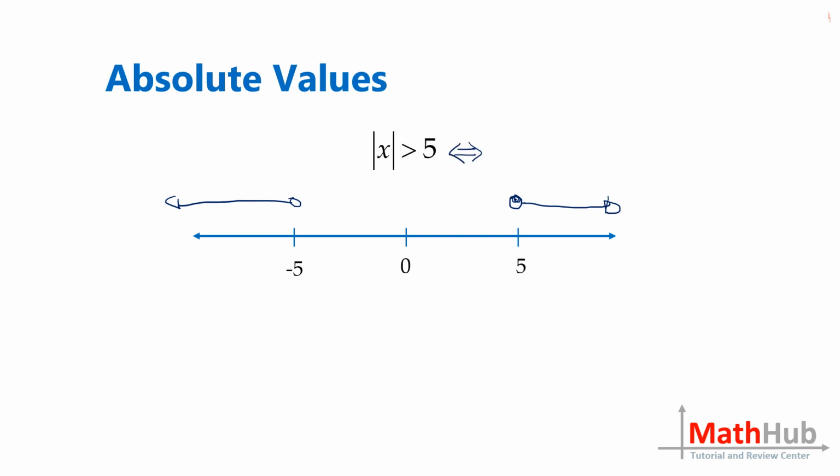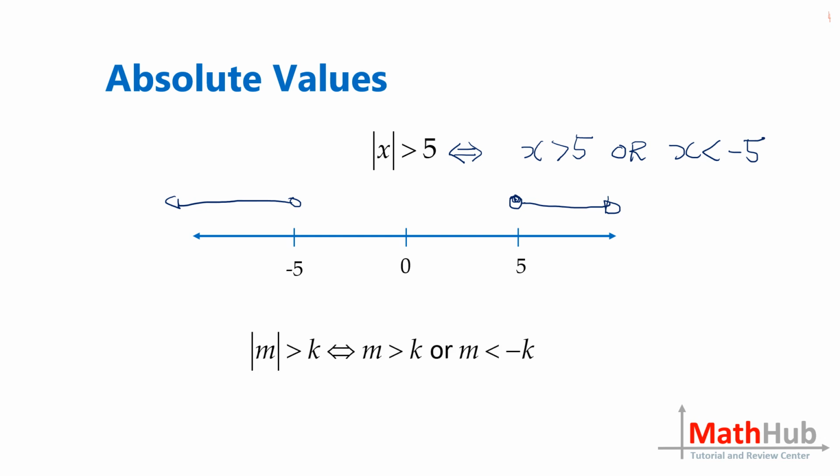So let me just write it here. If we want to remove the absolute value sign, this becomes x is greater than 5, or x is less than -5. In general, if we have an inequality with the greater than sign and then your absolute value, what you do is you just copy it without the absolute value sign, and don't forget, if it's greater than, it's or.